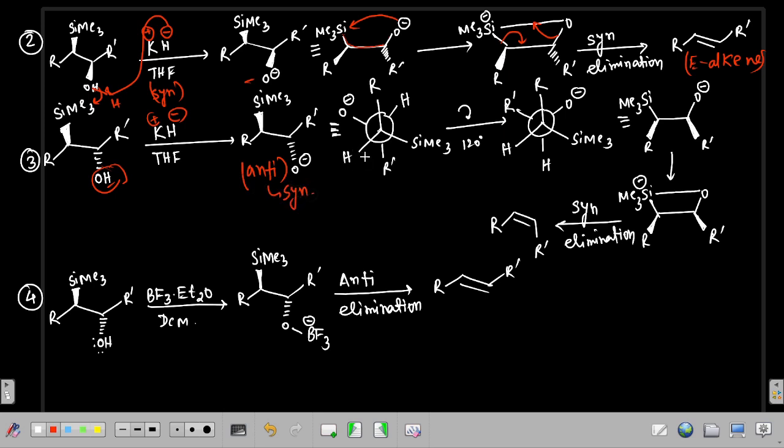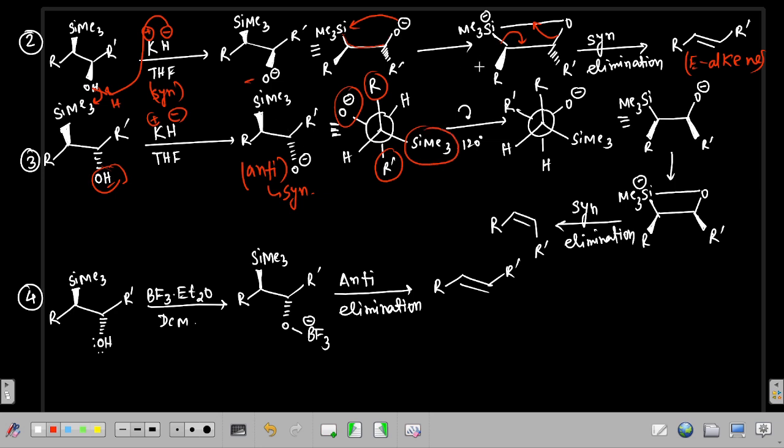So now we need to change the conformation, and convert this to the Newman projection. Here you see both R and R dash are anti to each other, and O minus and SiMe3, that is TMS, are anti to each other.